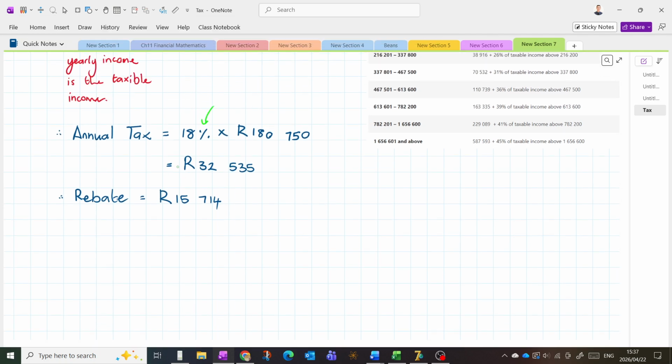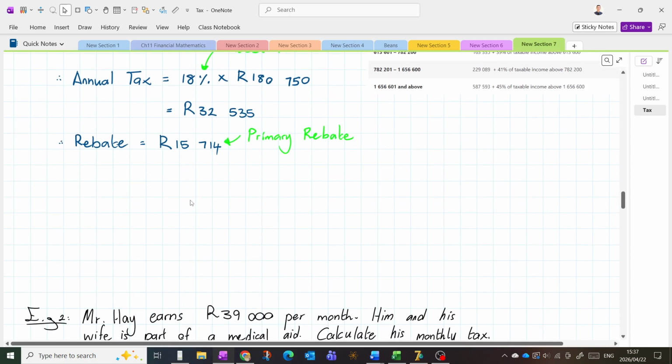This is bracket 1. This is only the primary rebate. Then we're going to do medical aid credits.